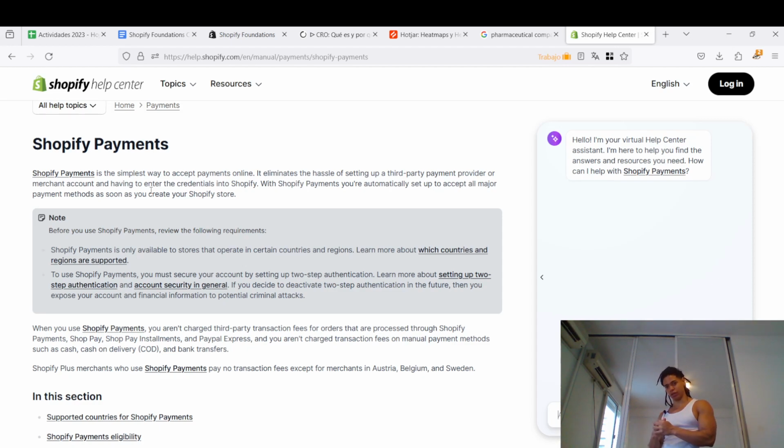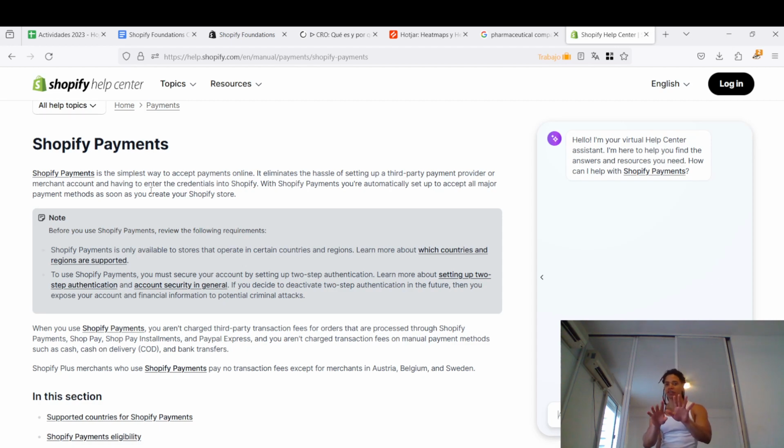It's an application that, in simple terms, allows you to accept payment for all major payment methods: Visa, MasterCard, American Express, Google Pay, Apple Pay, and Shop Pay.